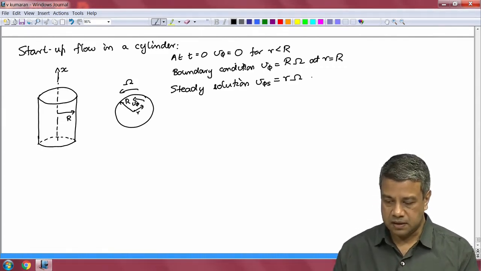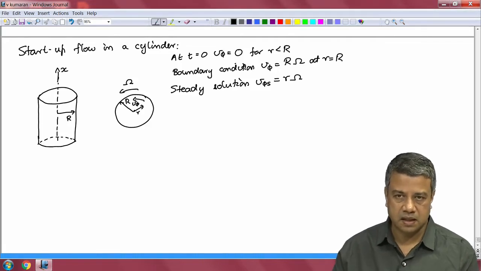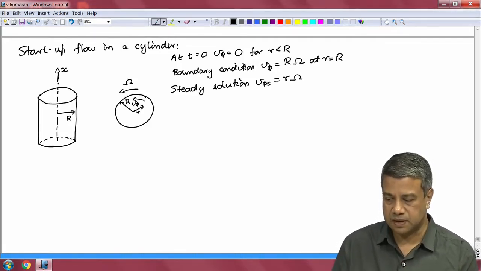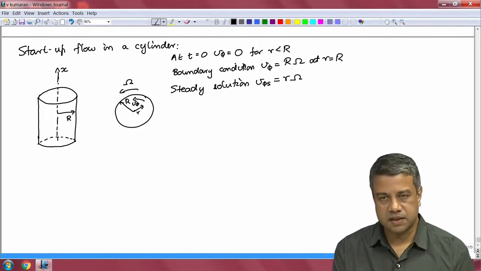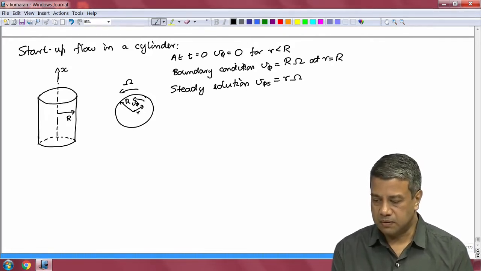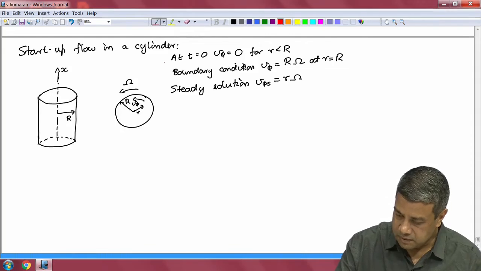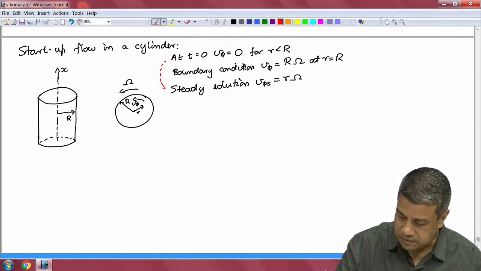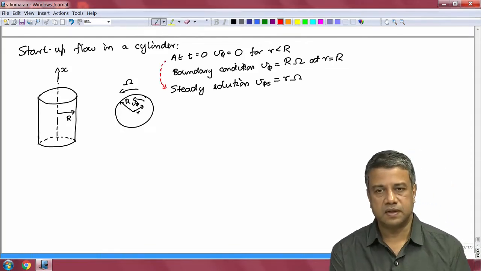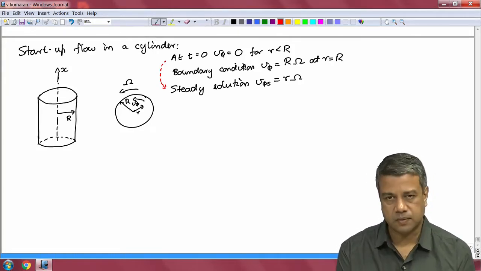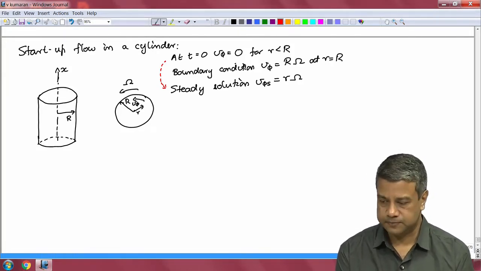The velocity at a distance r from the axis of rotation should be r times omega for the cylinder rotating. So, that is the steady solution. And what we need to find out is how does the velocity profile progress from this initial solution where the fluid is stationary to the final steady solution where it is rotating as a solid body. That is what we have to find out.